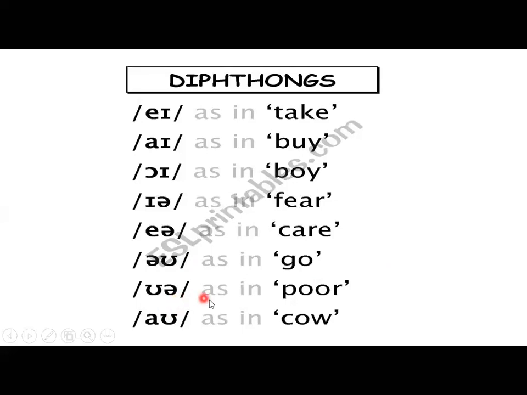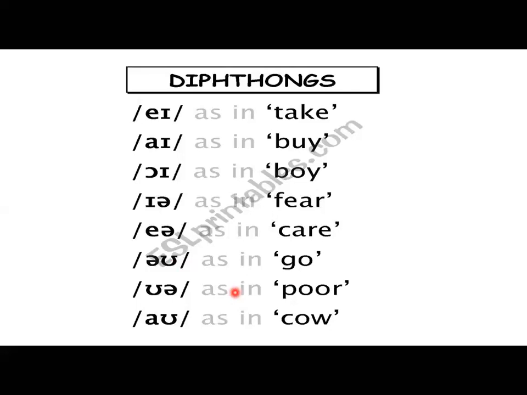Then ooh, u plus a becomes ooh. For example, in the word poor, P-O-O-R, and because R is at the end, we are not going to pronounce it. As I have already told you the rule of R in English, that when R comes at the end of the word, it remains silent.